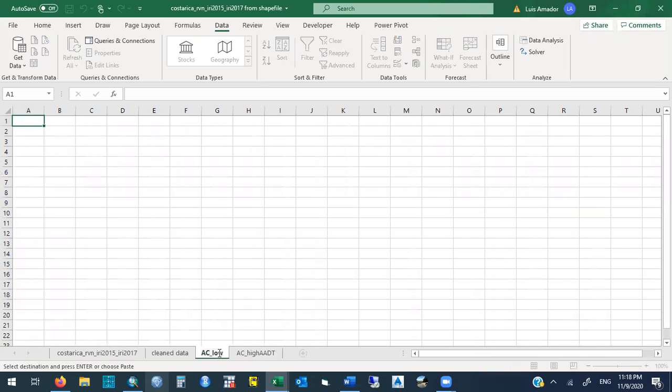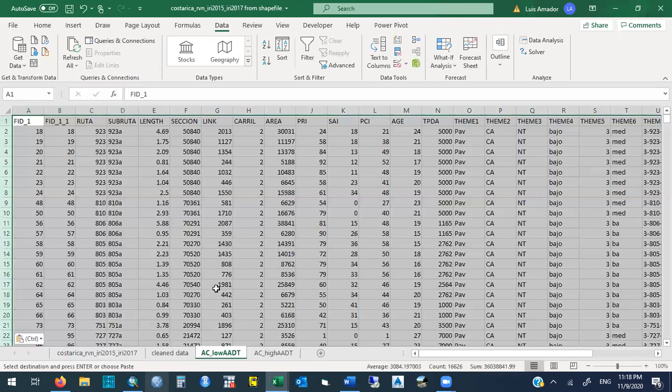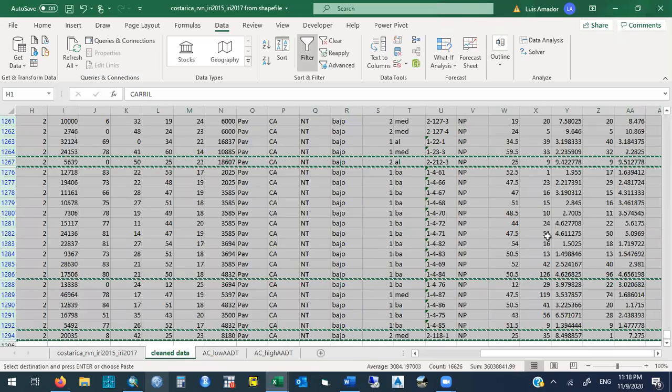Asphalt cement and low traffic intensity. I don't have environmental information for this, so it's gonna have to be combined together, unfortunately.